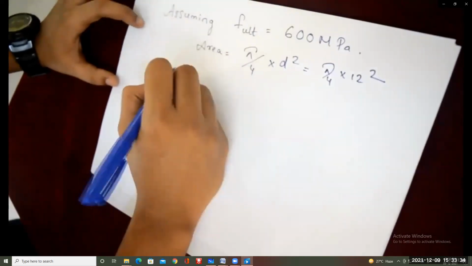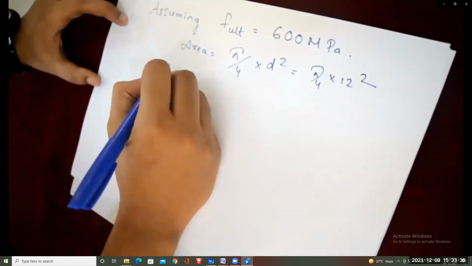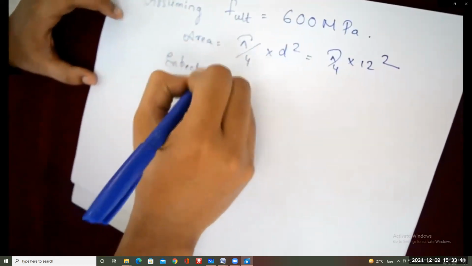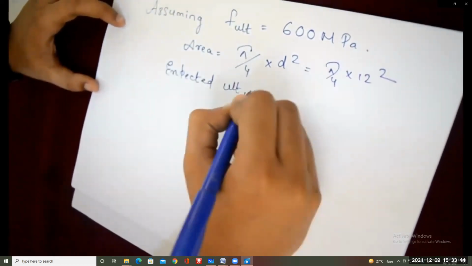By multiplying the area with this ultimate stress, we get the expected ultimate load.